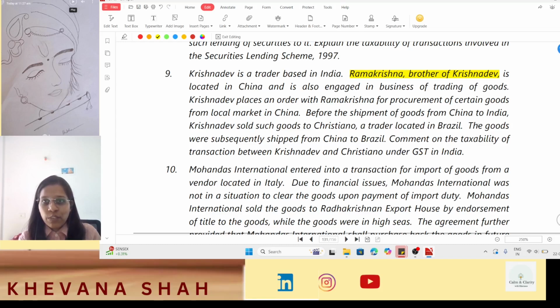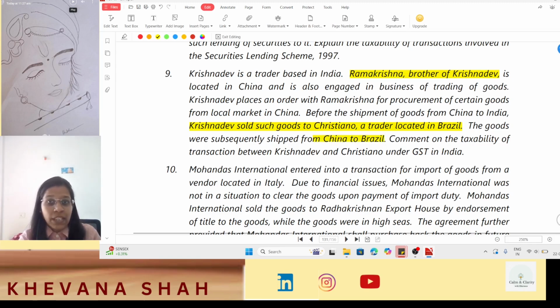Before the shipment of goods from China to India, Krishnadev sold such goods to Krishnenu, a trader located in Brazil. So before the goods could enter into India, the goods were sold. So this is a case of high sea sales, wherein the goods before entering the premises of India are sold outside only. The goods were subsequently shipped from China to Brazil.